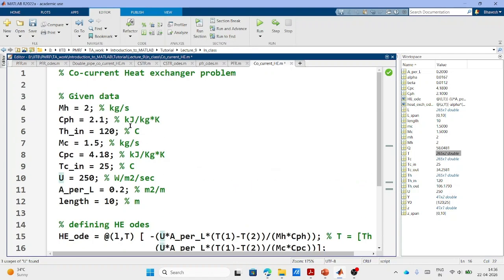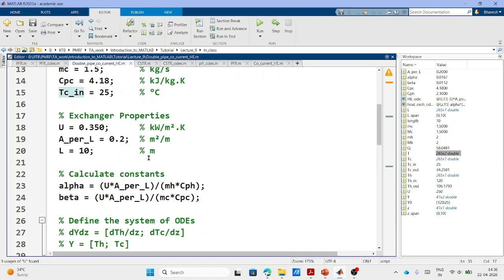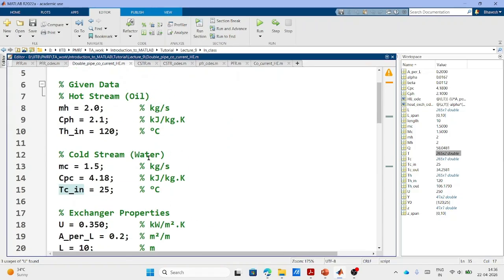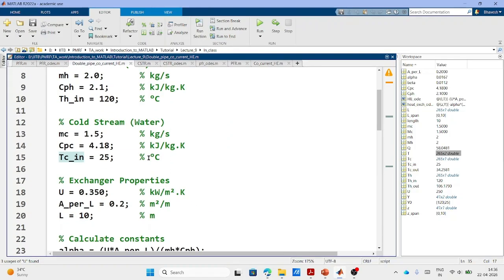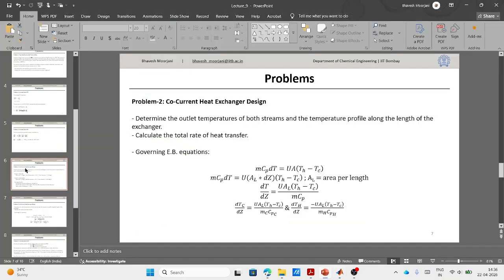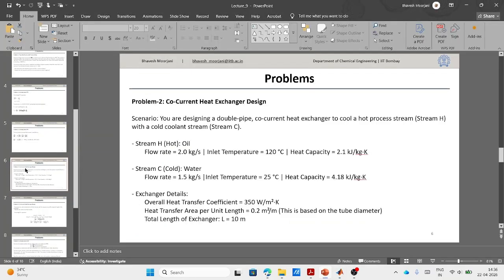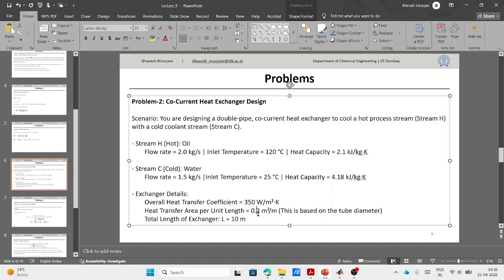Still, somehow we are getting the wrong information. Oh, okay. Yeah, I'm making a mistake here.